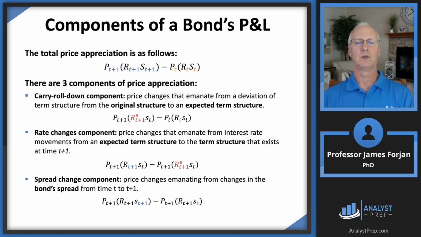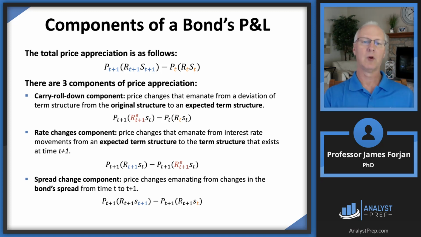And so here's what's known as the carry roll down component. This is the price change that results from a deviation from the term structure to the expected term structure. So notice what we start with. Let's go to the left of the minus sign. Here we start with today's price given the term structure and given the spread.